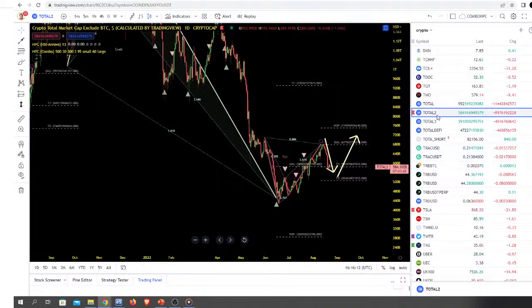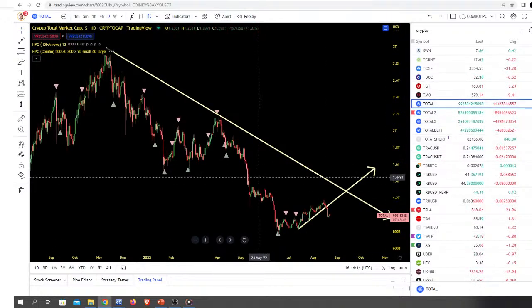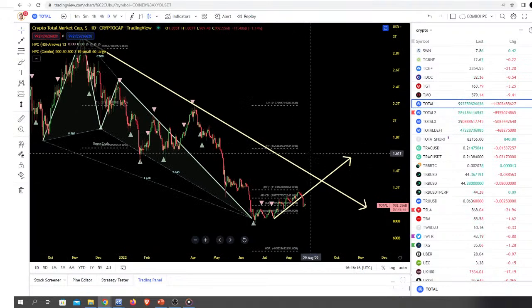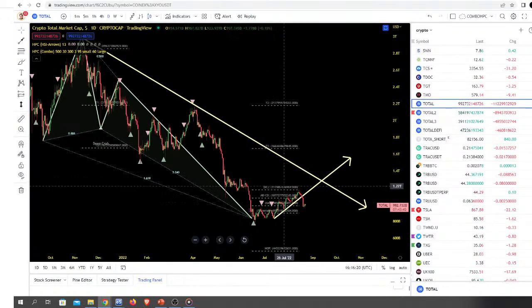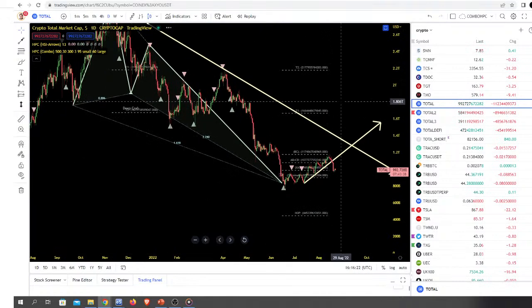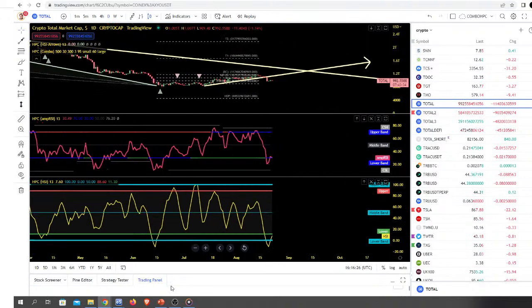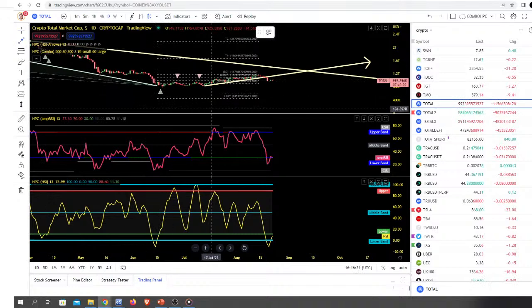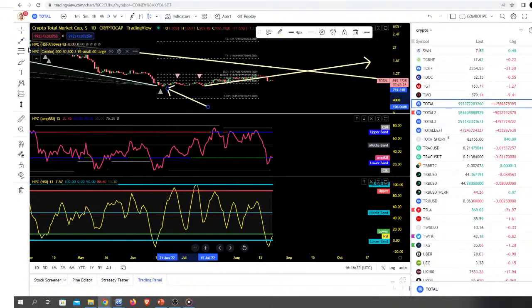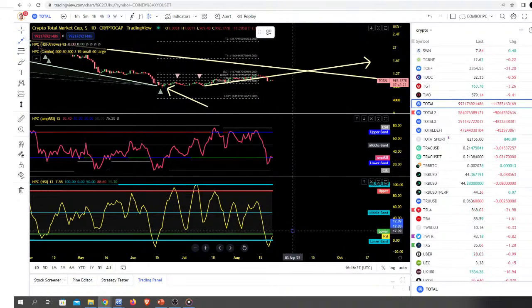Total crypto market cap did not register any kind of pattern, but has like a mini bat or anything. But you are oversold again. This is total crypto market cap. There's our initial reading from June 21st that we were in front of.